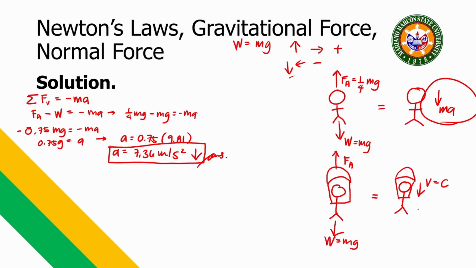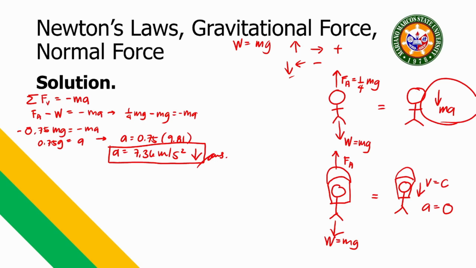Ngayon, ano yung acceleration if velocity is constant? Kung hindi nagbabago yung velocity, yung kanilang acceleration must be equal to 0. So wala silang change in velocity, meaning wala tayong acceleration.